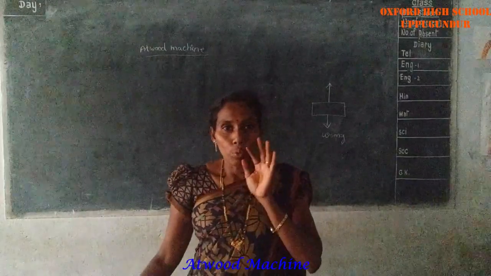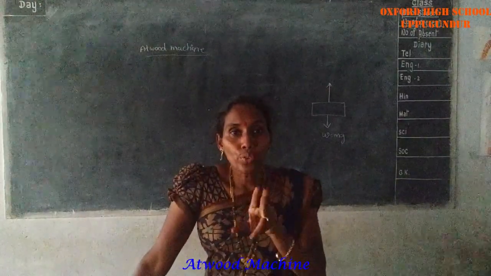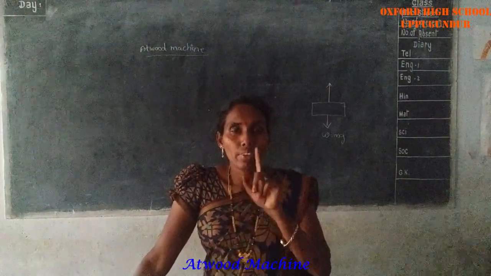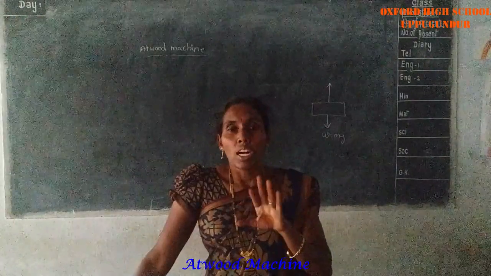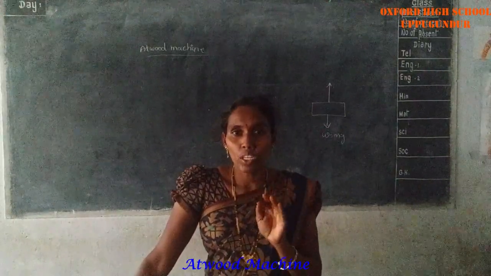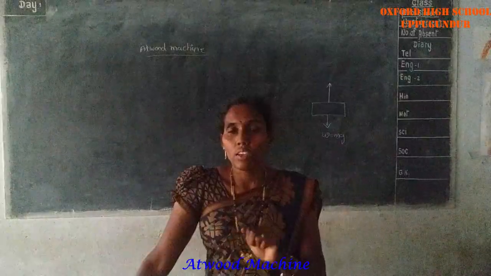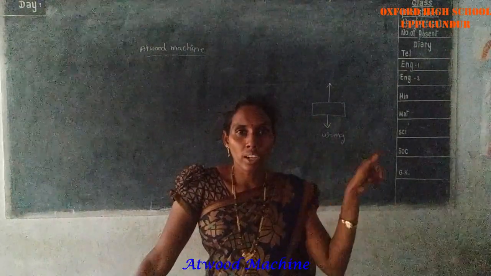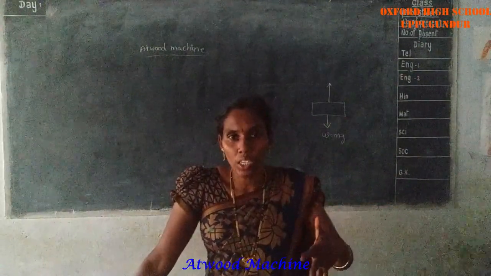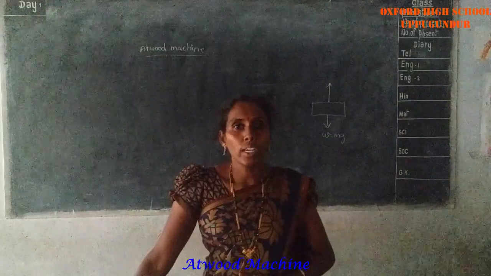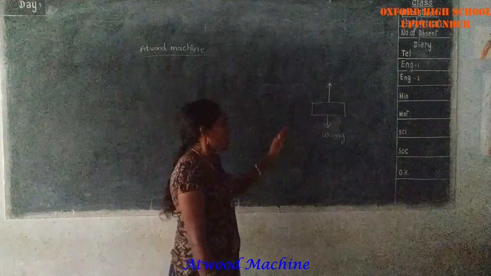If your body is in rest position, two forces are acting on that body. The first force is the normal force and the second is the weight of the body. The normal force always acts upward and the weight of the body always acts downward.